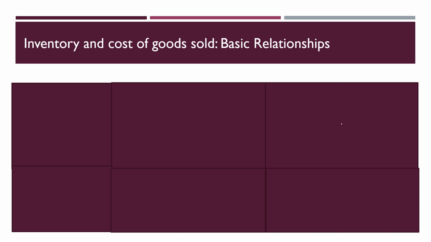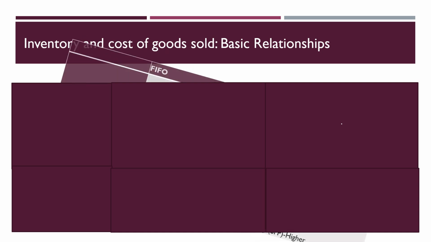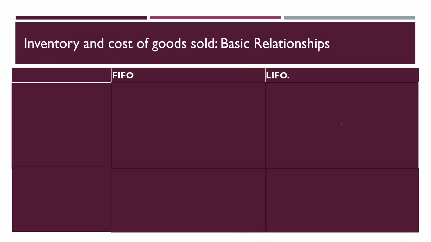Let's see the basic relationship of the inventory and cost of goods sold when there is a change in the price levels. So let's see what will happen when there is inflation. Inflation is the gradual increase of prices. So if the costs are increasing, the items acquired first are very cheap in the FIFO method.